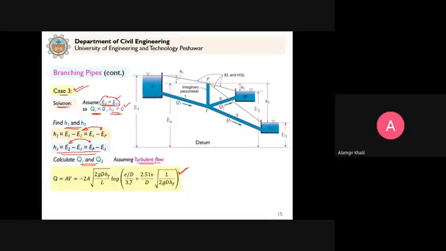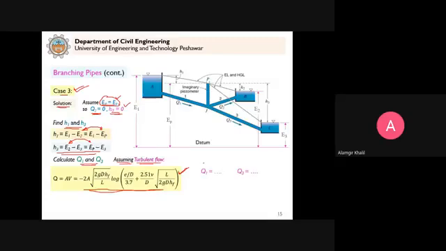To avoid that, we eliminate F using this equation, the direct method. But here the assumption is that we have turbulent flow. And in the end, we have to prove that the flows are turbulent, then the results will be valid, as we saw in the solved example on the previous slide.